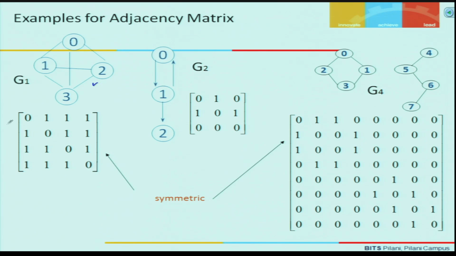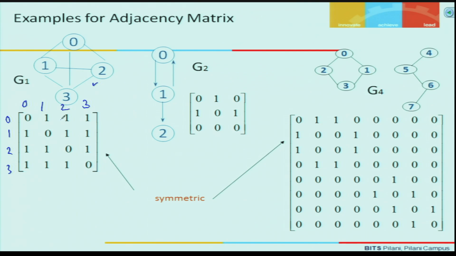Typically we can write the vertices as 0, 1, 2, 3 along the rows and 0, 1, 2, 3 along the columns. Now, since we do not have a self loop at 0, this entry is 0. Now, 0, 1 has an edge, so there is 1 here, 0 to 2 is an edge, so it is here, 0 to 3 is an edge, so it is here. Similarly, for 1, 1 to 0 is an edge and so forth.